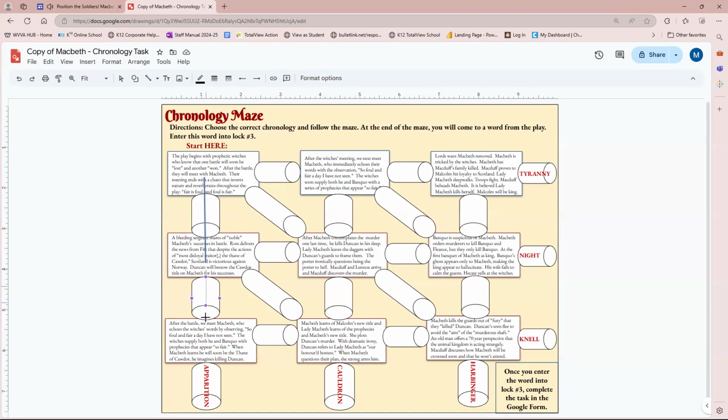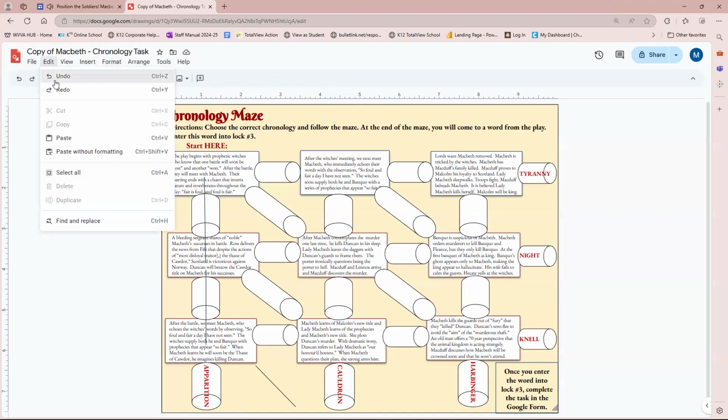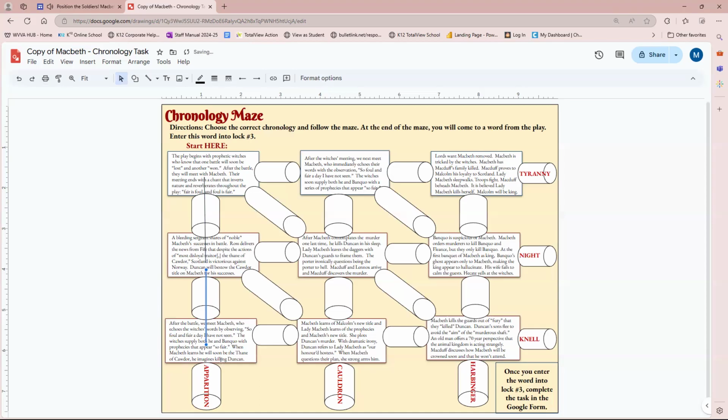So the next thing, they meet the witches, right? So we're still going down there. So from this one, we either go to apparition, which no, that didn't happen then. So we have to go across.